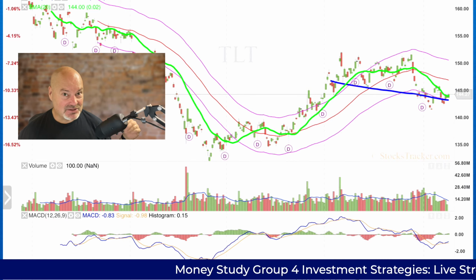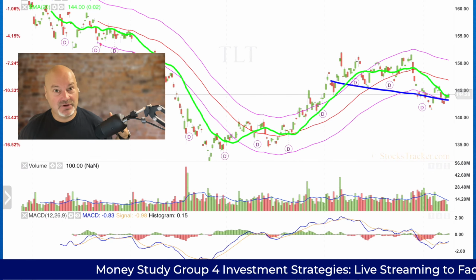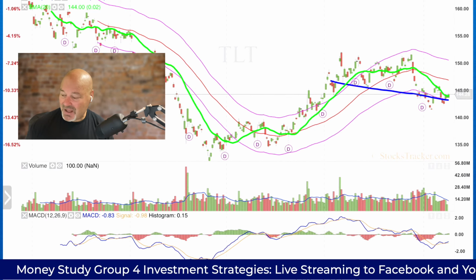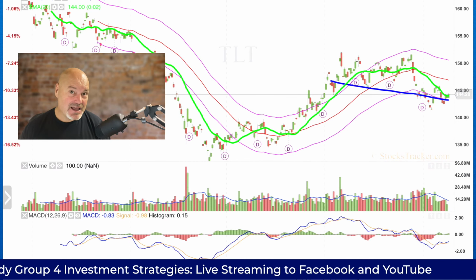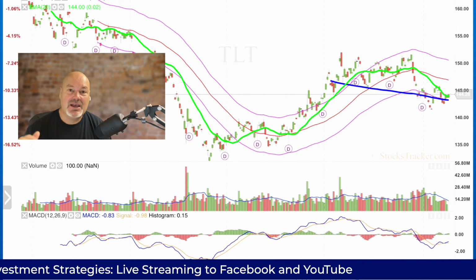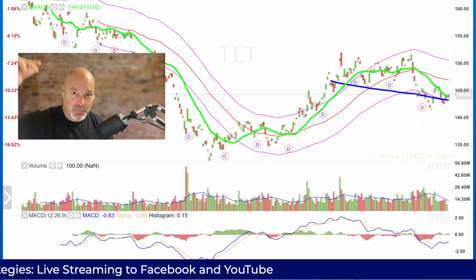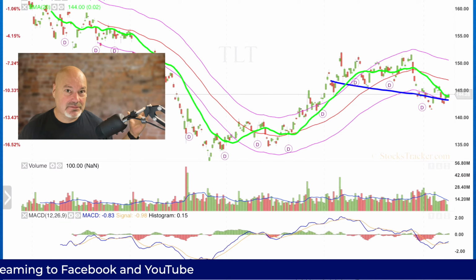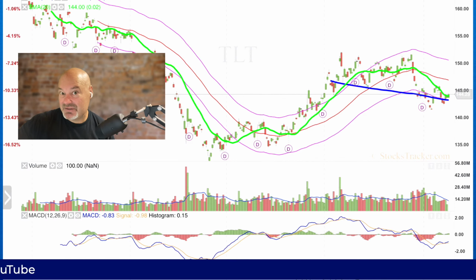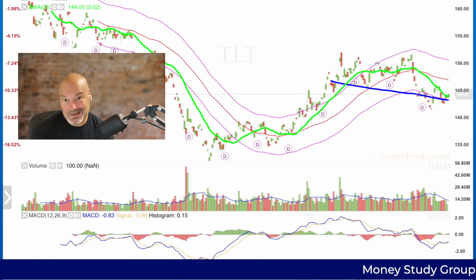Different asset classes perform differently. And bonds are special because over the last 4 or 5 decades, typically bonds will go up when there's risk in the market. Does that make sense? So most of the time, bonds would be considered safe. But if you look at that chart, does that look like a safe investment?